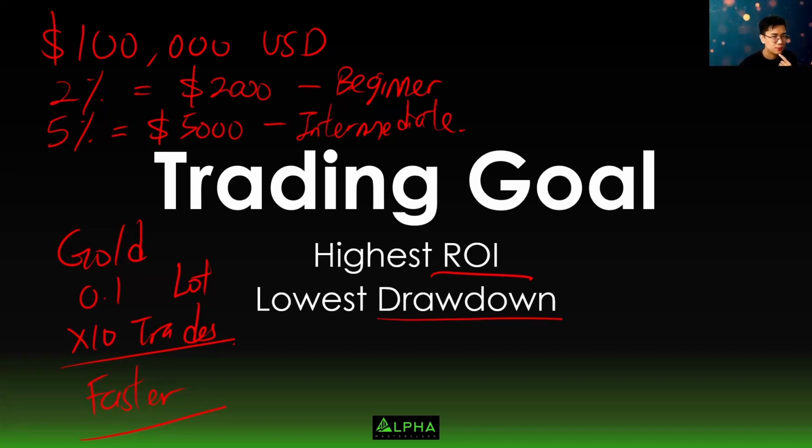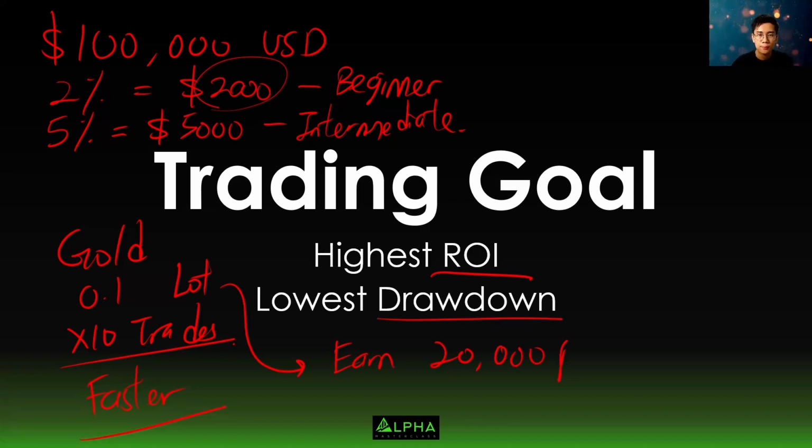0.1 lots means that in this kind of calculation, you have to earn $2,000, right? So reverse calculating, you have to earn 20,000 points.